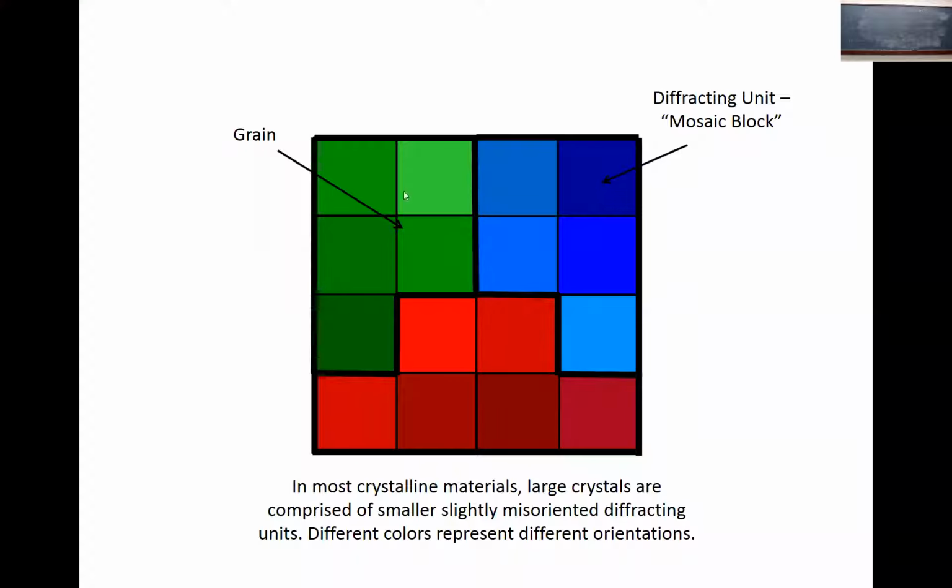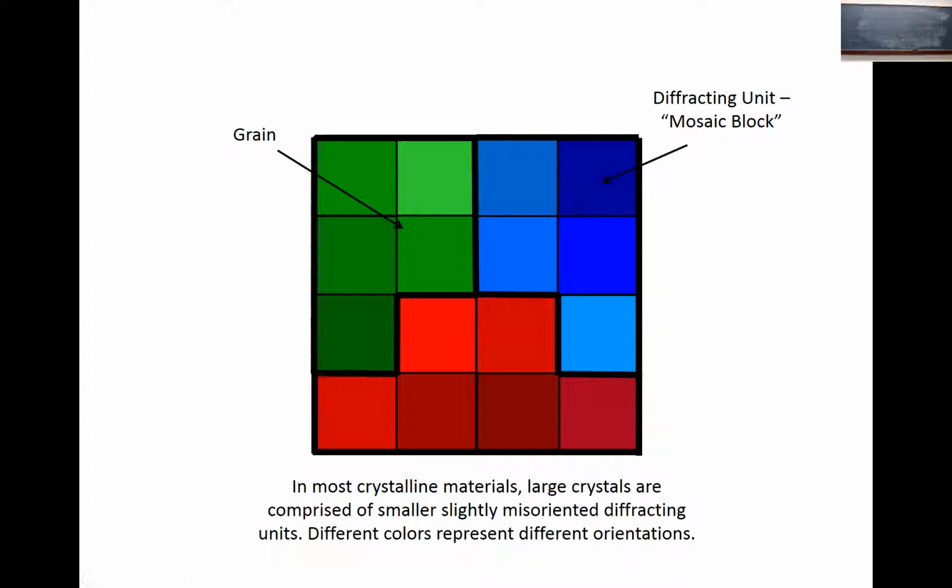Each of these colors corresponds to something like a crystal or a grain, and the slight gradations mean that they are slightly misoriented from each other or have slightly different strain states. So we're going to build up crystals from lots of tiny diffracting units, and sum together the intensities from all these little crystallites. Again, the crystallites can also be known as mosaic blocks.